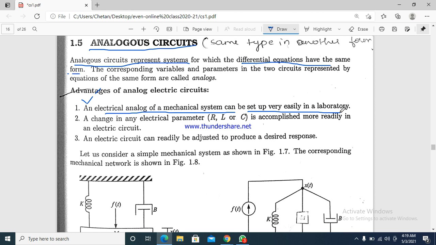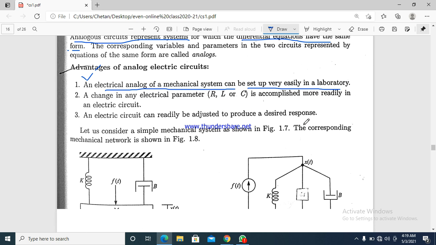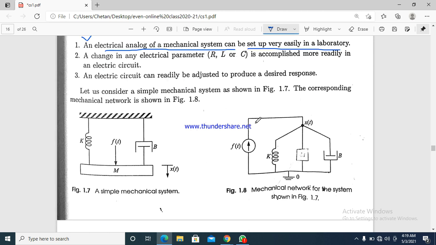A change in any electrical parameter R, L, or C is accomplished more readily in an electrical circuit. An electrical circuit can readily be adjusted to produce a desired response. So, because of this we will go with the analogous circuit. Because of this we have represented mechanical system as mechanical network.